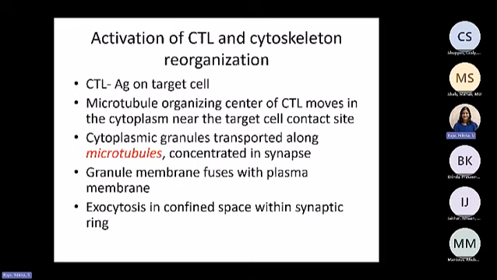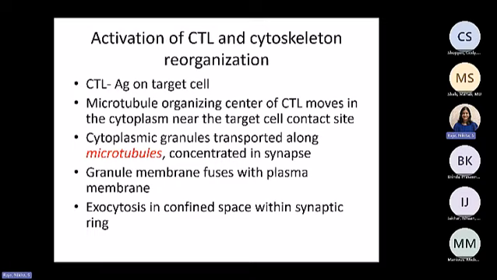So there is an organizing center of CTLs formed by these microtubules that move along in the CTL so that they can take those granules from the site of where they are formed to the surface of the cell where they are going to be released. So it's almost like a structure that's called microtubules that are going to be helping in the transportation of these granules. Once that granule is on the surface of the cell, this granule membrane is going to fuse with the plasma membrane, and so then that exocytosis can occur in the immune synapse.